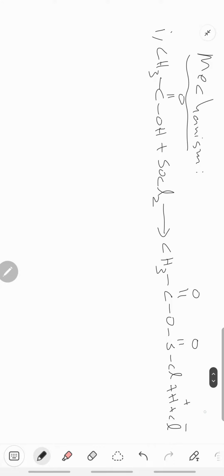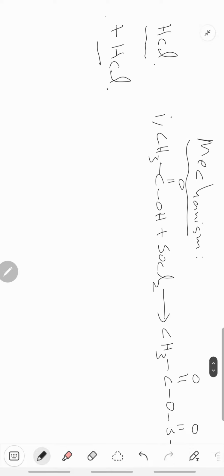The H+ and chloride from here will get free, and the other group, SOCl, will get attached to the carboxylic acid.